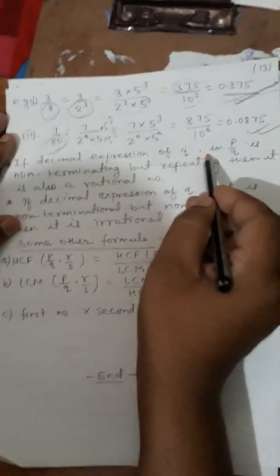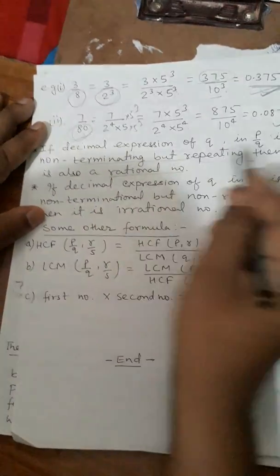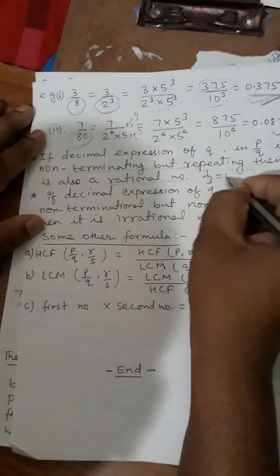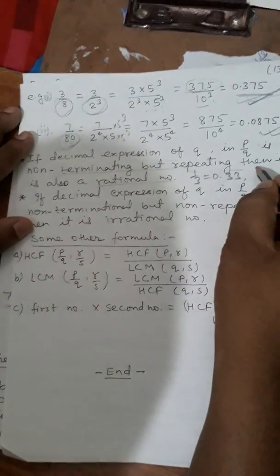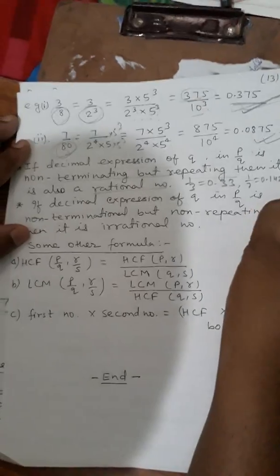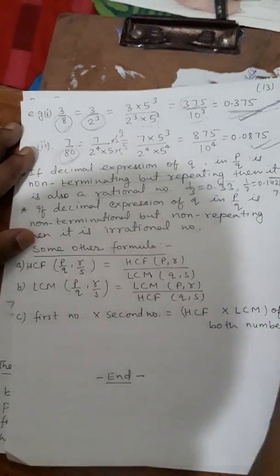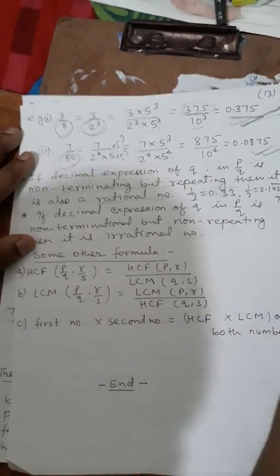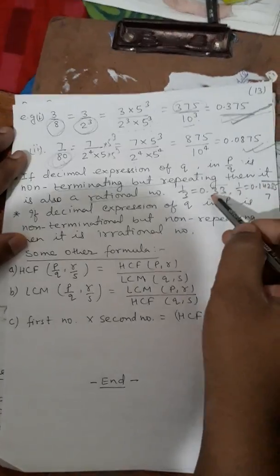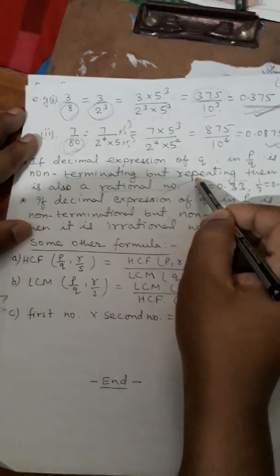If the decimal expansion is non-terminating but repeating, that is rational. Just like 1 by 3, 0.333, and 1 by 7, 0.142857 recurring, 142857, 142857, like this it is repeating. The decimal form is not going to end, but it is repeating, so it is also rational.